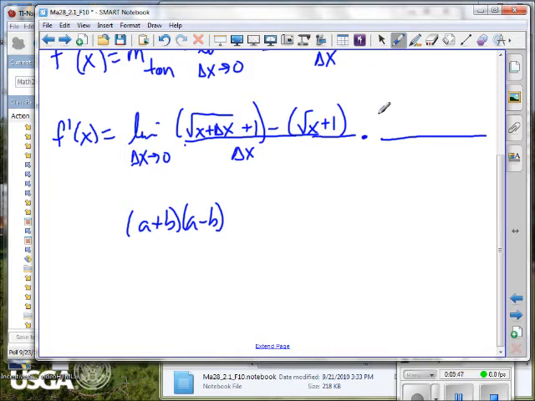So to use the conjugate, I need to use the square root of x plus delta x plus 1. I'm going to extend that to make sure it covers that. Plus the square root of x plus 1. That's a 1 over there.